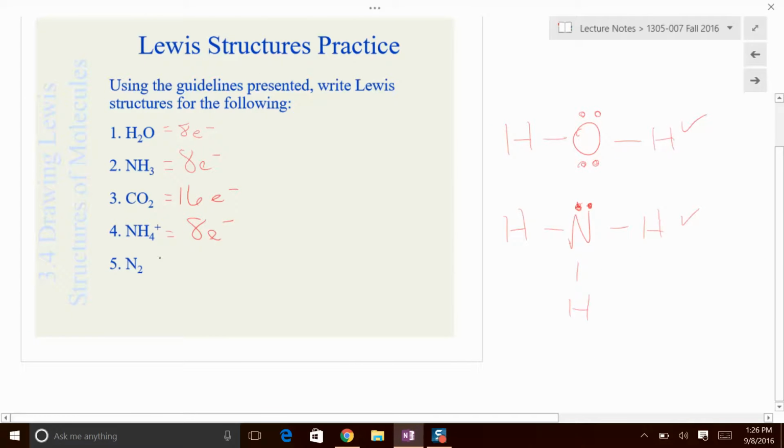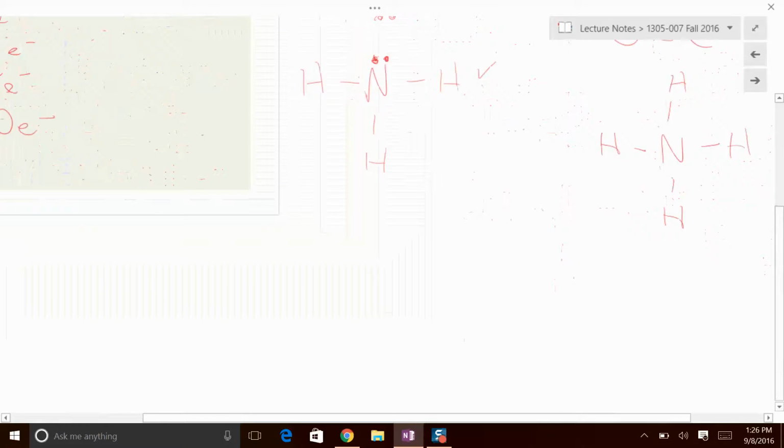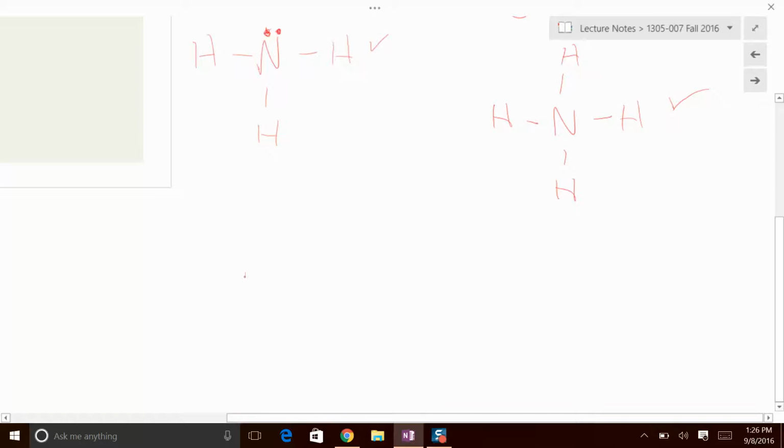Okay, N2. Nitrogen has 5 electrons. 2 of them would have 10 electrons. Okay, so how are they going to bond? I start everything out with 8. If I count the number of electrons in my structure as it is right now, how many are there? 14.